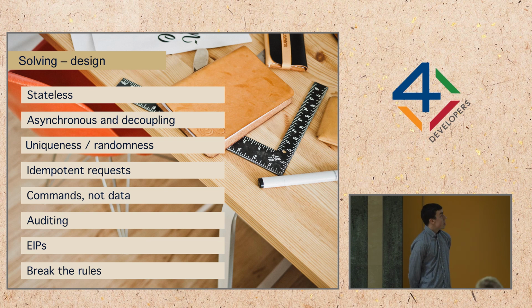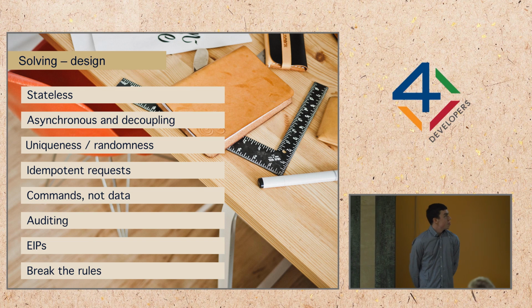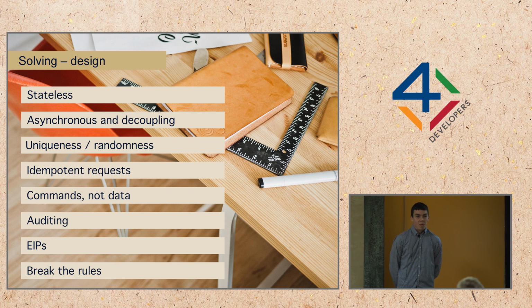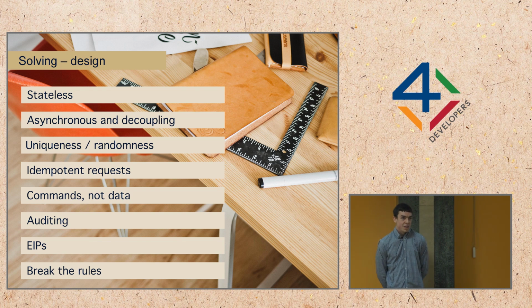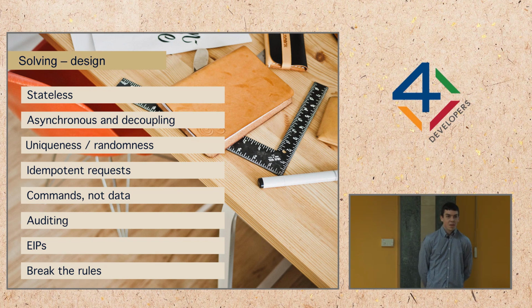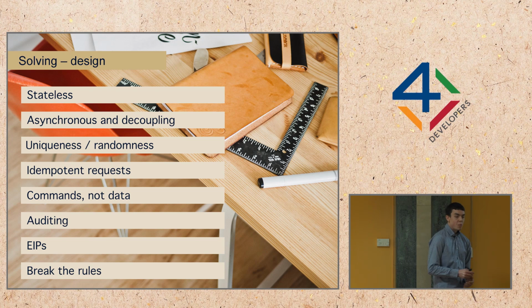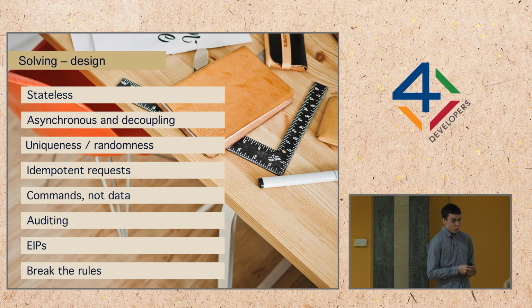The third thing is uniqueness, or randomness, or whatever you call it. I guess pretty much every one of you once upon a time used a timestamp as some kind of request ID. It's good as long as you have less than 1,000 requests per second, where it becomes a problem if you have more.